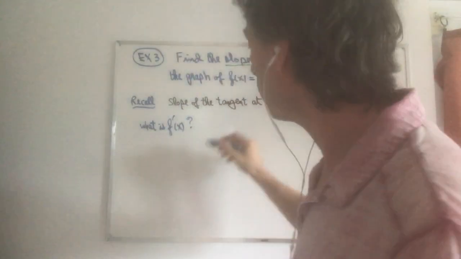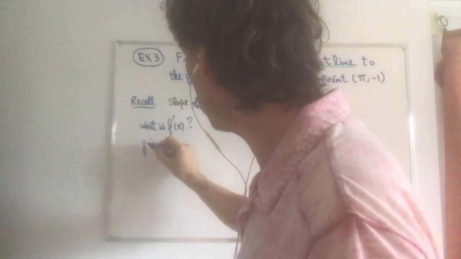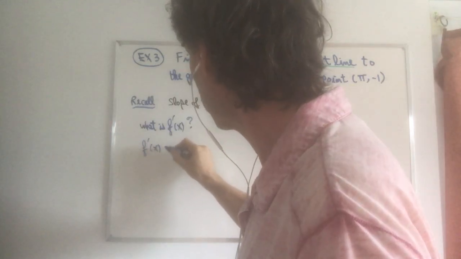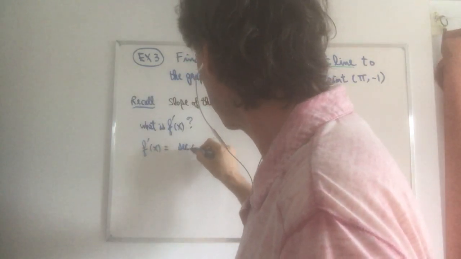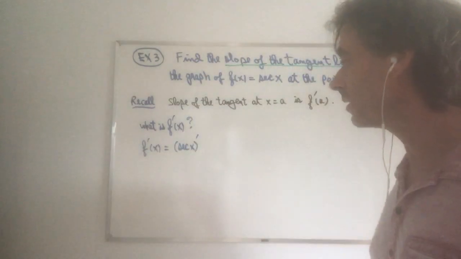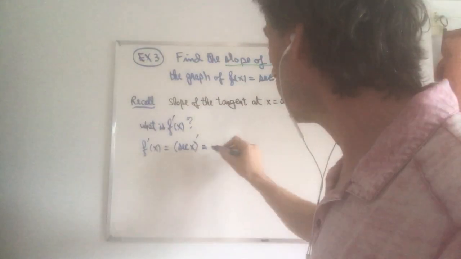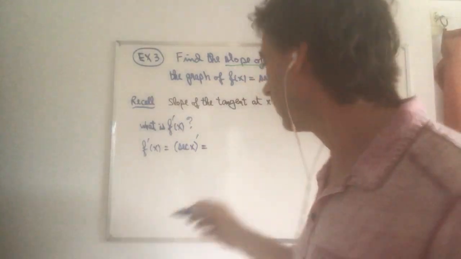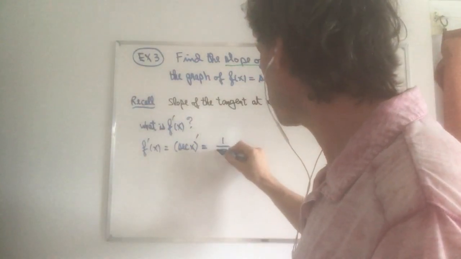Well, f prime of x is the derivative of secant. And what is secant? Well, we reviewed that at the beginning of this video. You remember, I'm sure. It's 1 over cos.